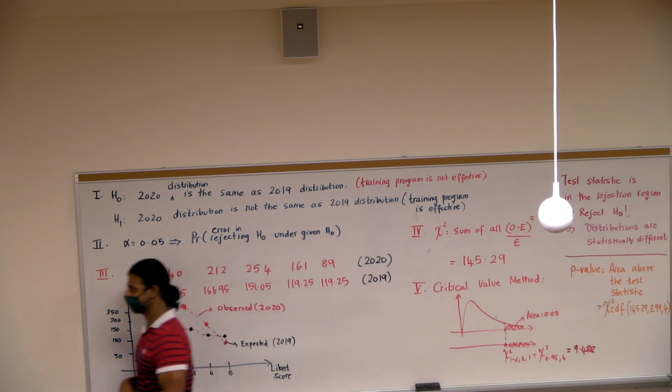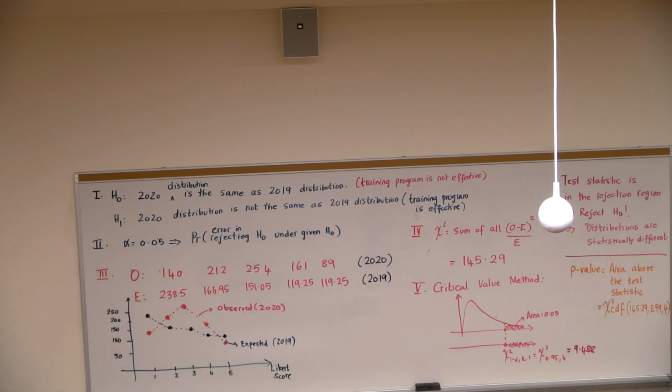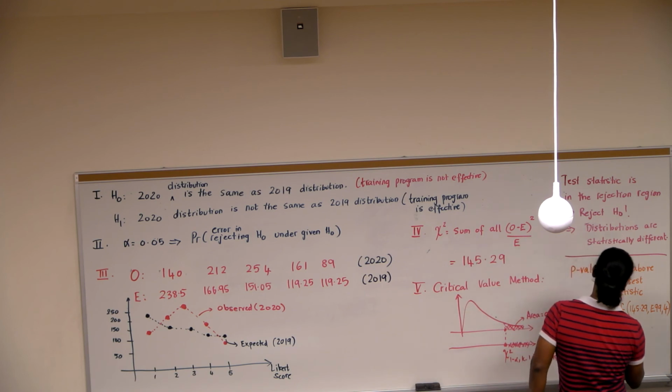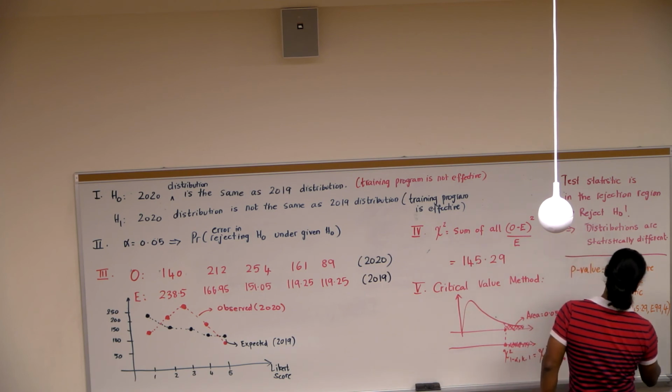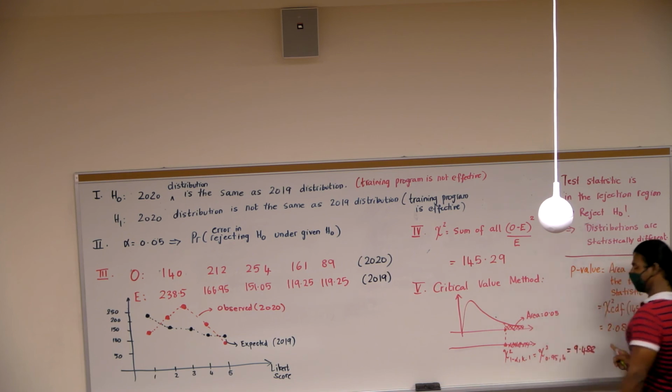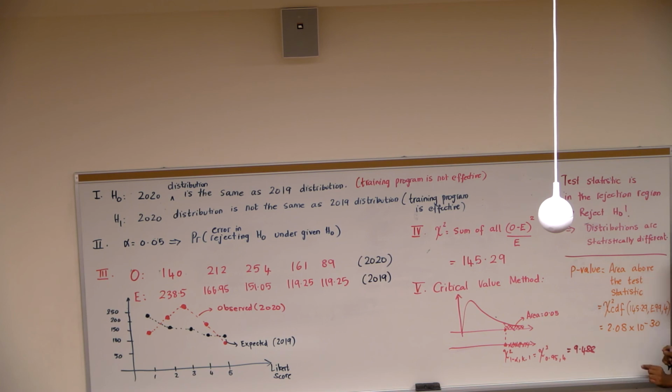Plug it in the calculator and tell me what you get. 2.08 times 10 raised to negative 30. That is extremely tiny, right? That's like the size of a neutron or something. So this is approximately 0.